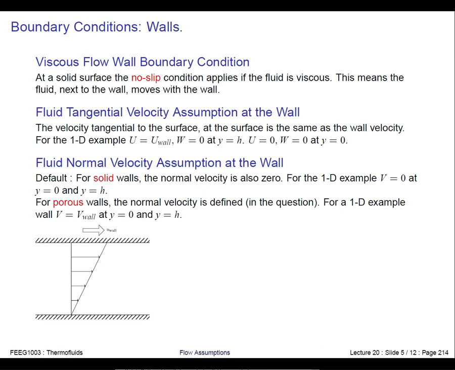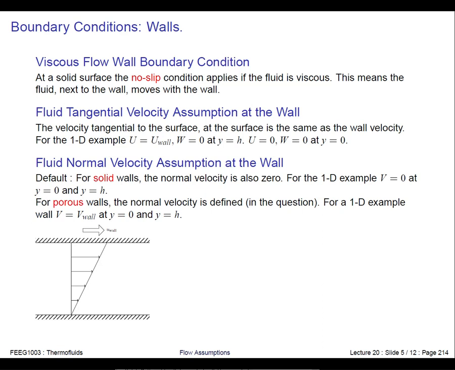So we have two velocity components relative to the wall: the velocity components tangential to the wall, and a velocity component normal to the wall. If you think of the wall as a flat planar surface, and we've got a u, a v and a w velocity, three velocity components that are all normal to each other, then two of these components are going to be the tangential velocity components.